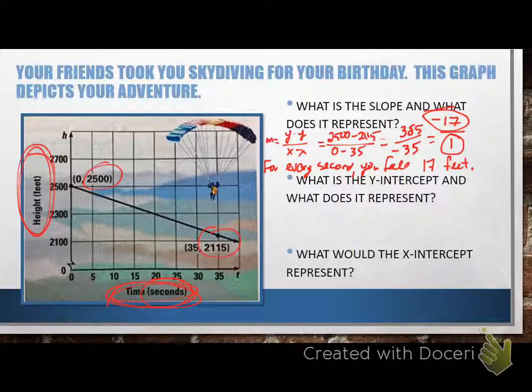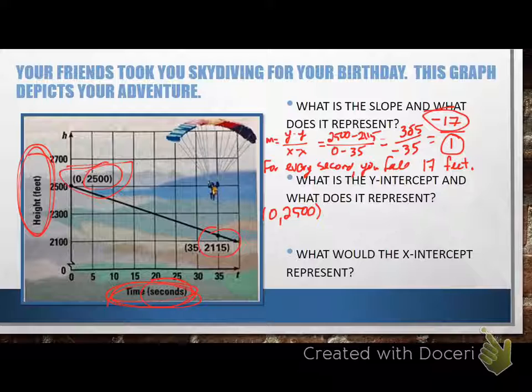Okay? Y-intercept is easy enough. It's right here, 0, 2,500. Since the x-coordinate is 0, that means that time hasn't started yet. And the y-coordinate is 2,500, which means that before time starts, you're at 2,500 feet. Well, time starts when you jump out of the airplane to skydive. Since you haven't started yet, you're still sitting in the airplane.